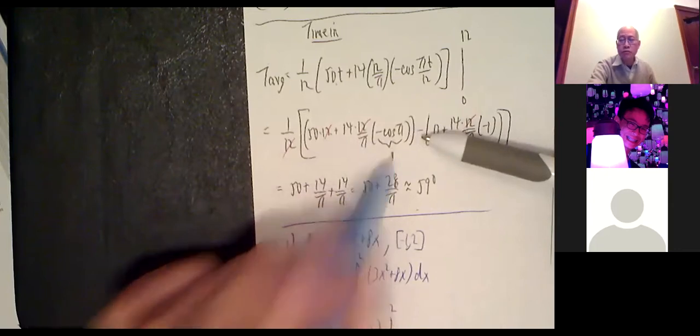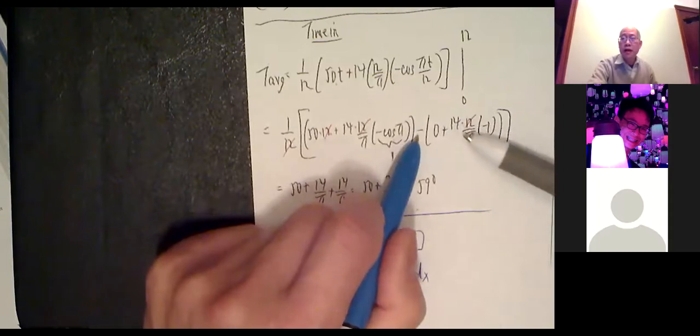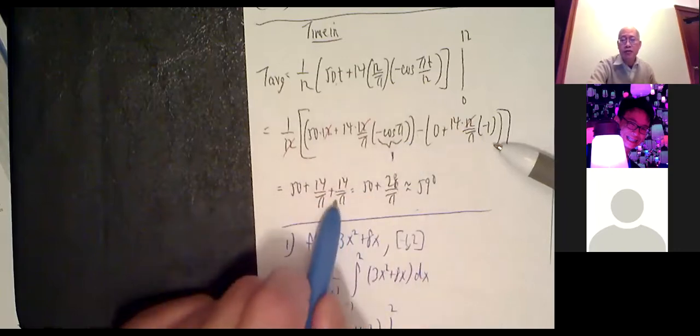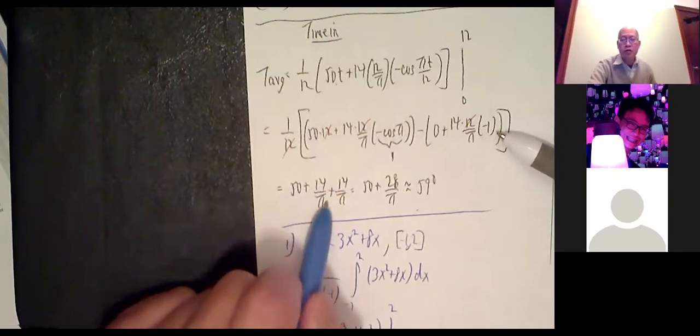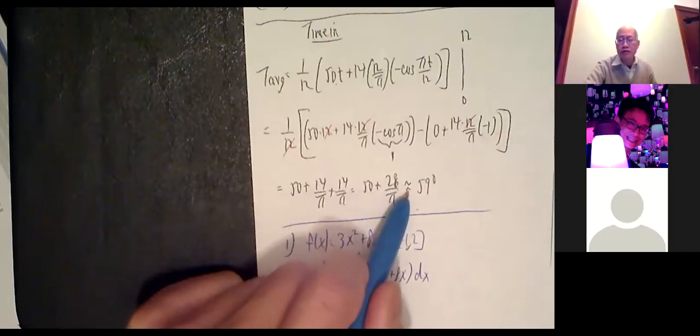So that's 14 over pi, minus negative 14 over pi, which is another plus 14 over pi. So 50 plus 14 over pi plus another 14 over pi. The final answer is 50 plus 28 over pi, which is approximately 59 degrees.